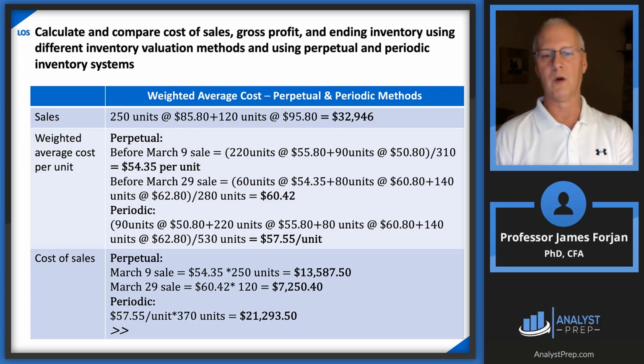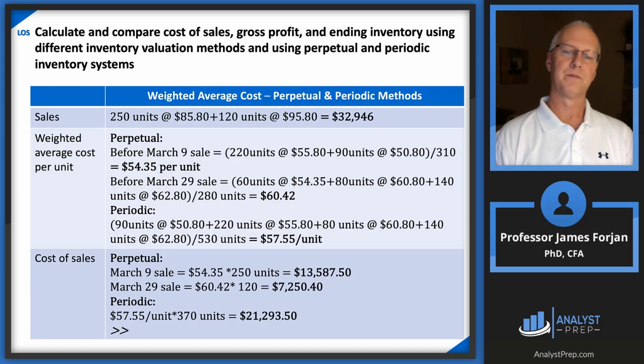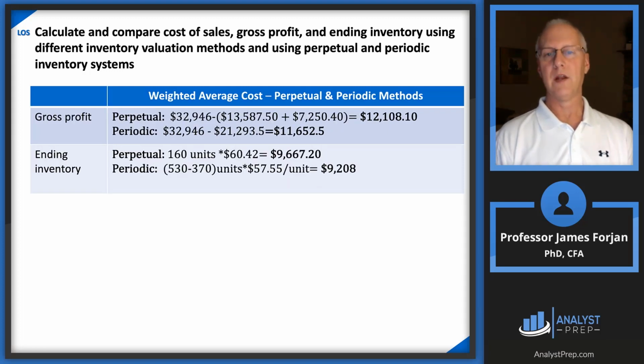Of course, the earlier ones are at the lower cost, and the later ones are at the higher cost. And so that gives us cost of sales initially with that first sale of $13,587, and then the second sale $7,250, which then leads to different gross profits.